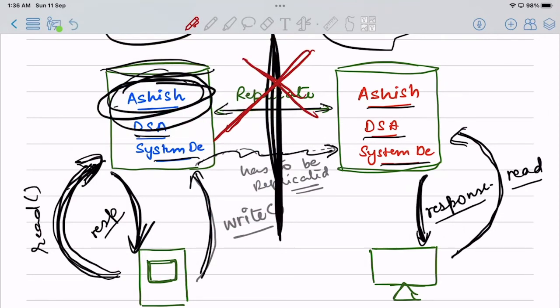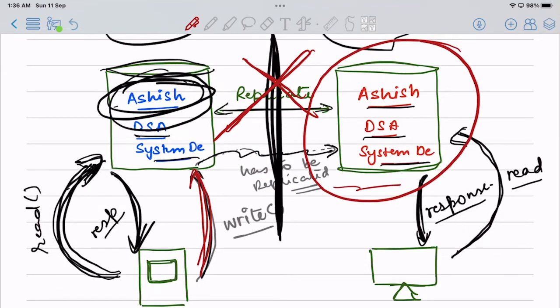What will happen is whatever write call goes onto this first database, it is not possible to write it on this other system, right? So if you're allowing this write despite this network failure, what does it mean?